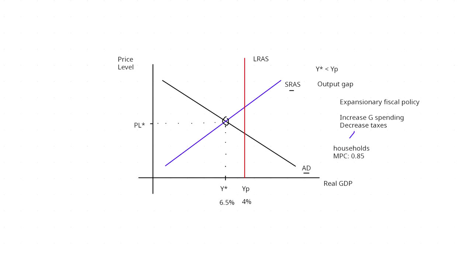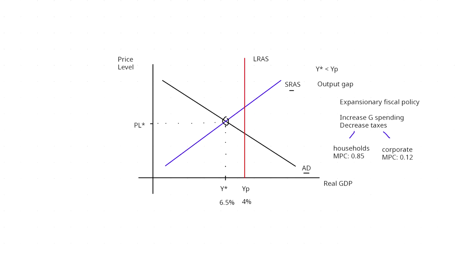If you cut taxes at the firm level or the corporate level, you only get an MPC of 0.12. So if you use the multiplier effect, you get probably about a 25% boost from corporate tax cuts, and about a 600% boost from household tax cuts.